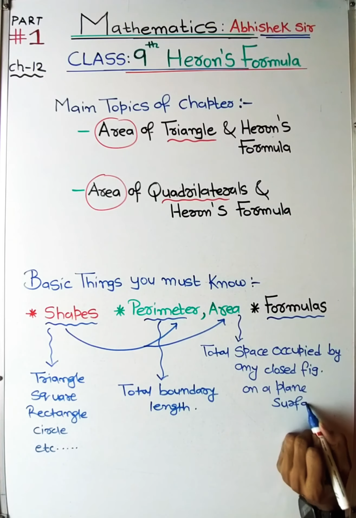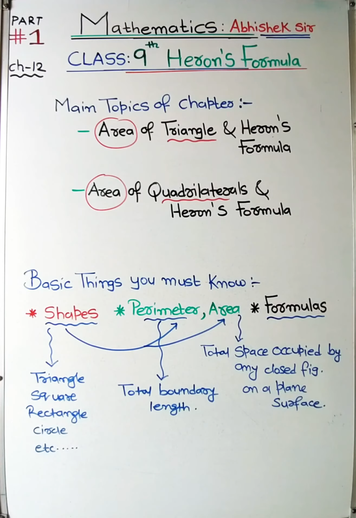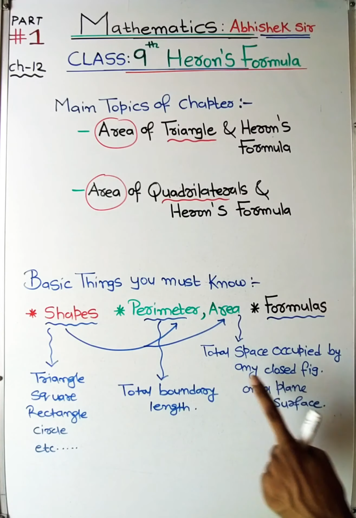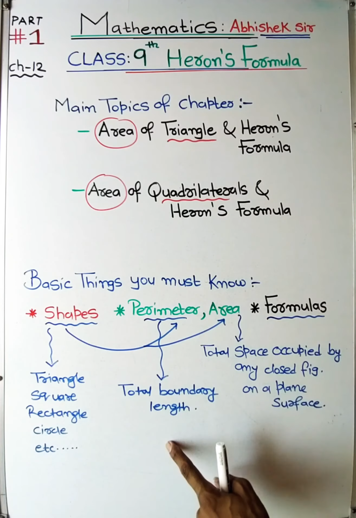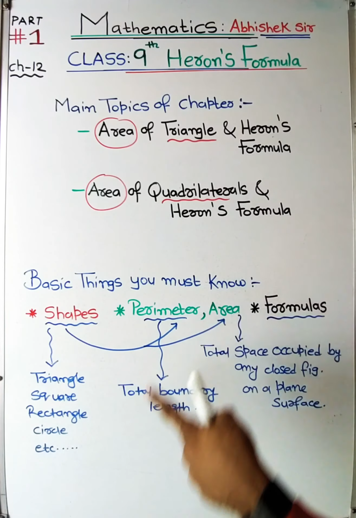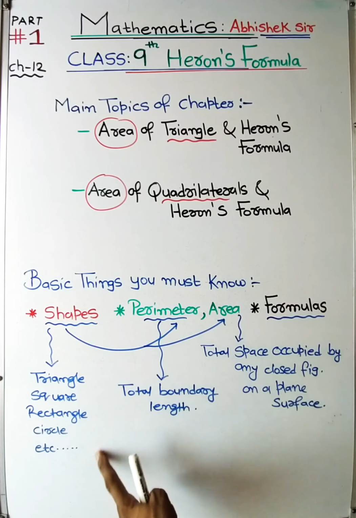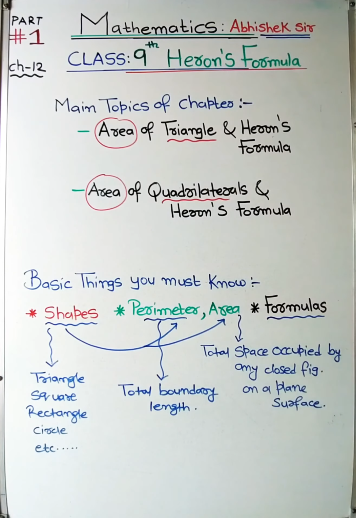So that will be your area. Clear? So total space occupied by any closed figure on a plane surface is called area. Total boundary length becomes the perimeter, and these two are related with all shapes. Clear?